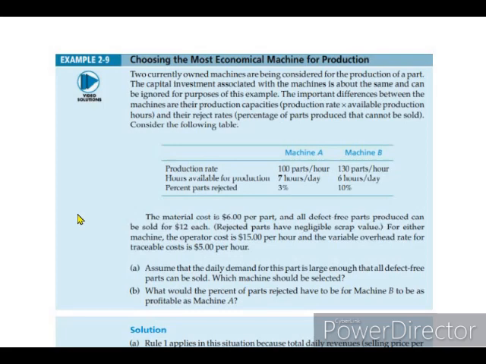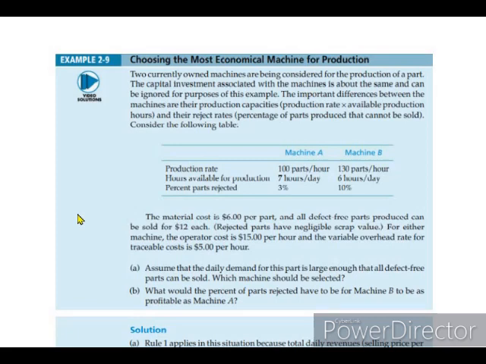So, investment will be ignored here. The important differences between the machines are their production capacities, production rate multiplied by available production hours, so that's how we get the production capacity, and their reject rates, the percentage of parts produced that cannot be sold, because they are rejected or defective.